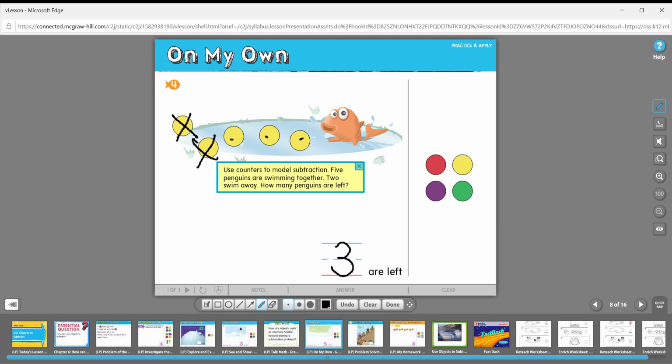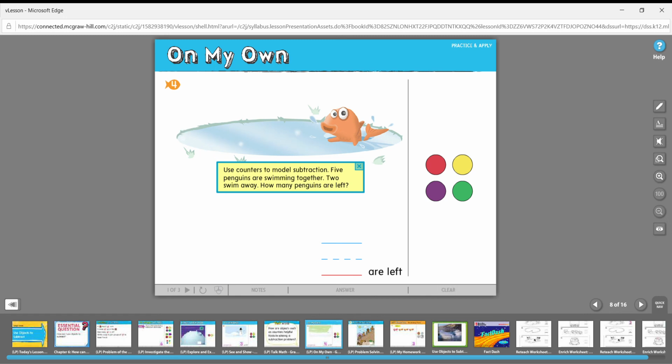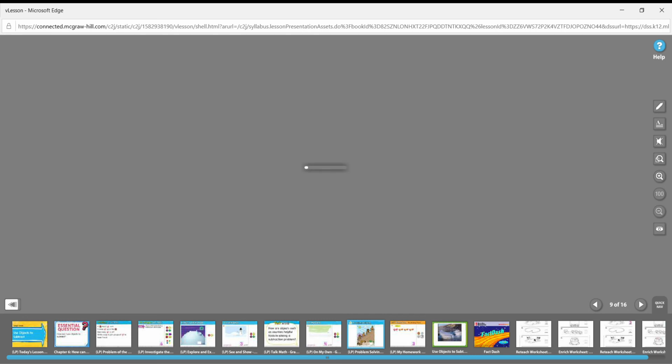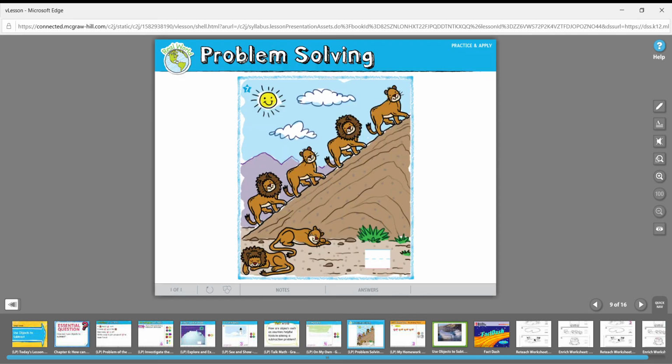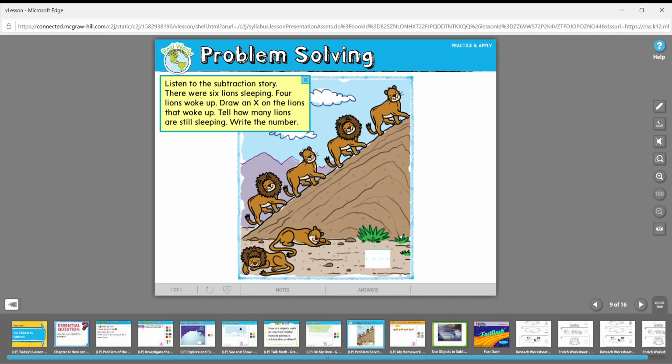Okay, so that is how you complete the pages on the inside. Okay, but then we have one more page on the back. One more page on the back. There we go, clear that. So here's the back. You will see, all right, there's some lions out in the savannah, it looks like. Okay, the directions say there were 6 lions sleeping. 4 lions woke up.